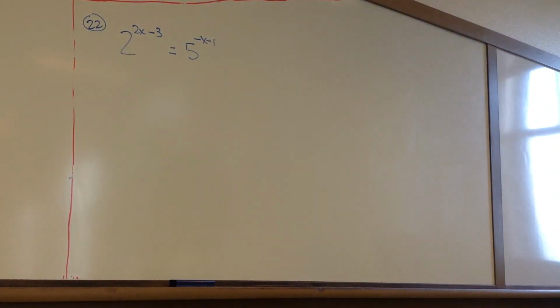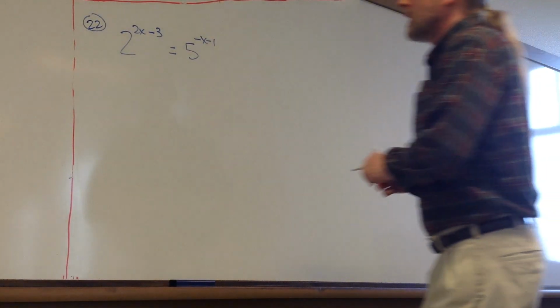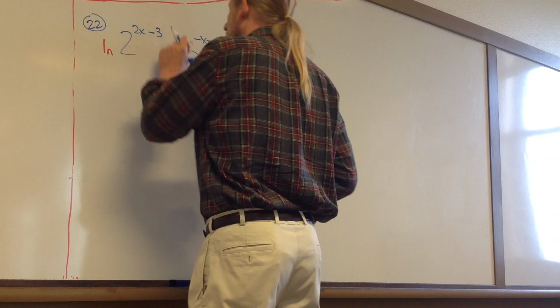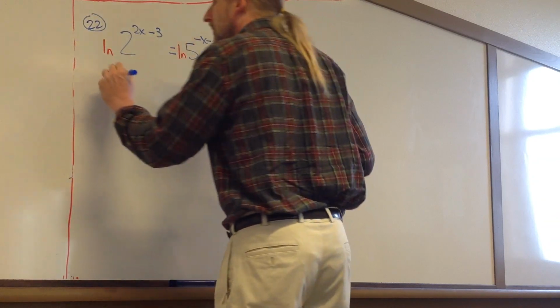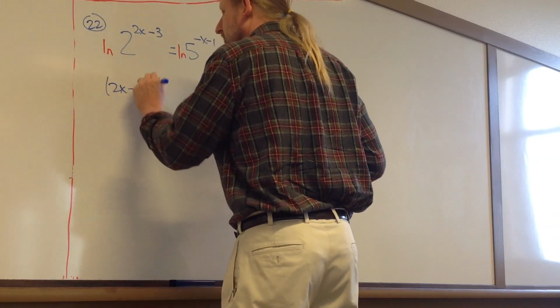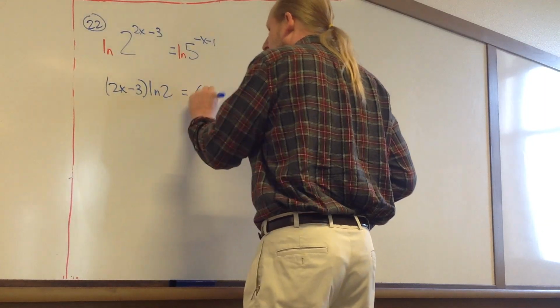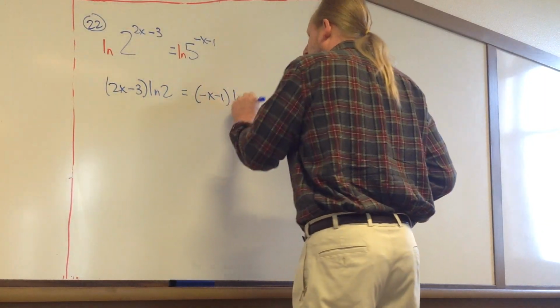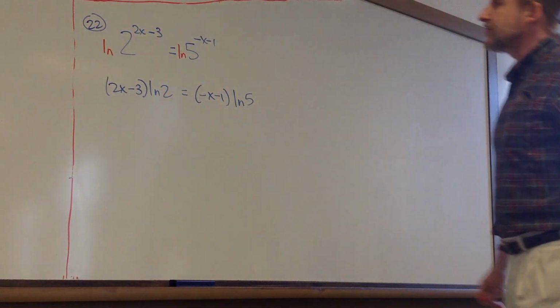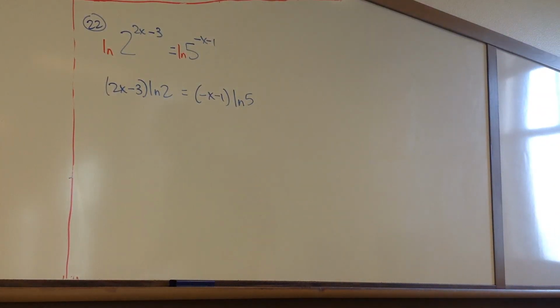All right. So, let's see. I'll use the natural log on this one. Take a logarithm on both sides. Then we'll have 2x minus 3 times ln 2 equals negative x minus 1 times ln 5. And now let's get good approximations for those.